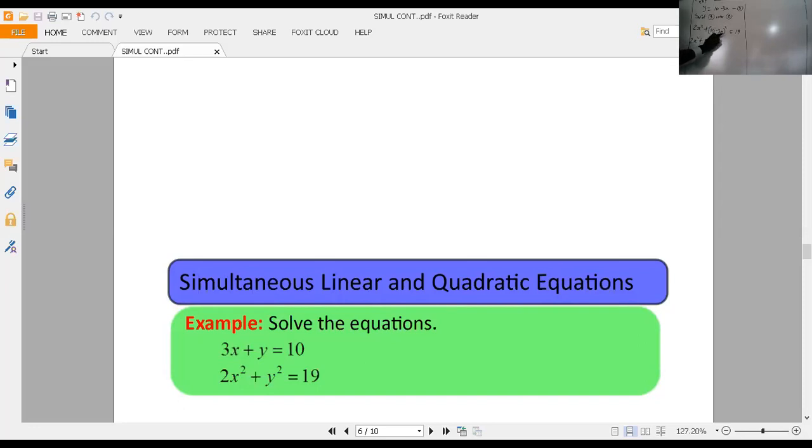10 on 3x, 30x, then you have plus 9x squared is equal to 19.